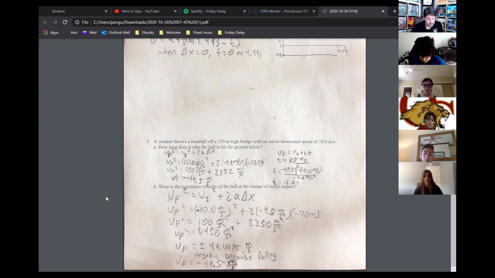And then, so at the end, since you can't square root a negative, it went into positive form. And so then we took the negative because it is falling downwards after doing so. And we got negative 49.5 meters per second. Good.